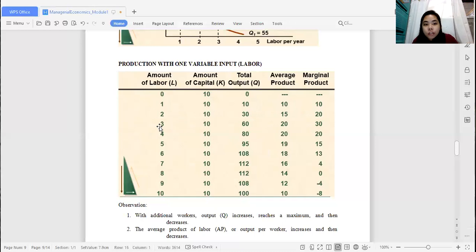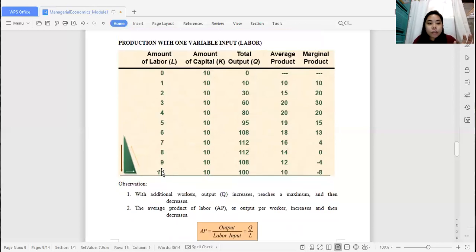If 3 units of labor, you have a total output of 60. So from 30 to 60, you added 1 unit of labor, from 2 to 3. So you have a marginal product of 30. And so on. It will be your class who computes the marginal product and average product.